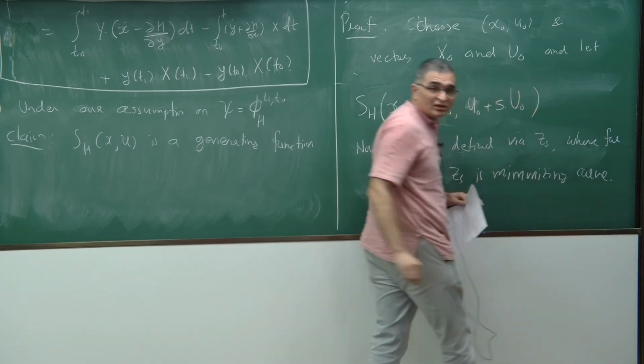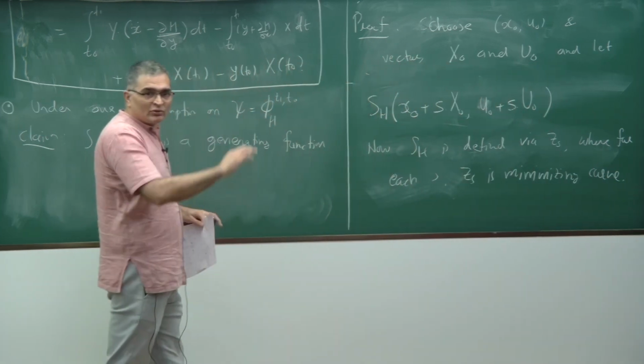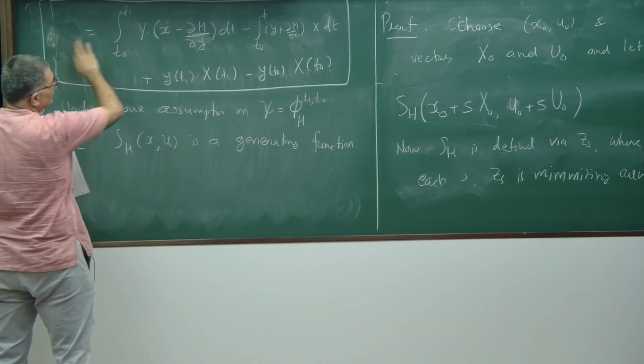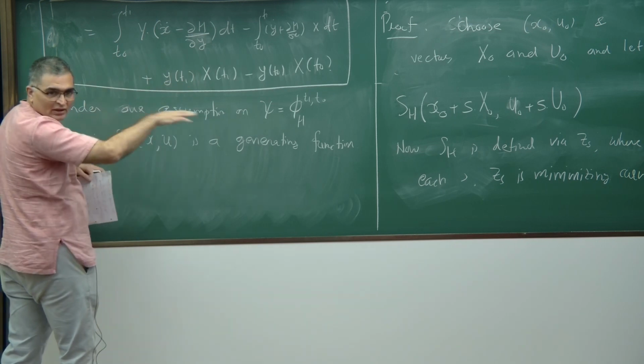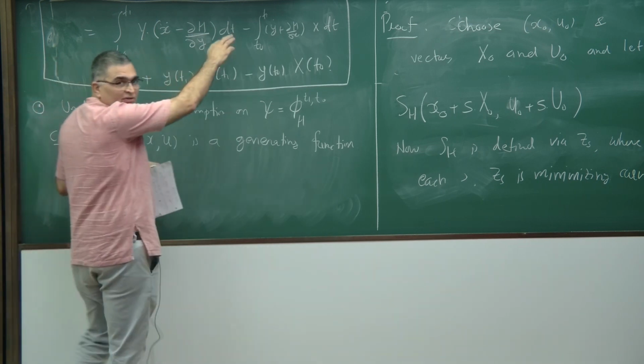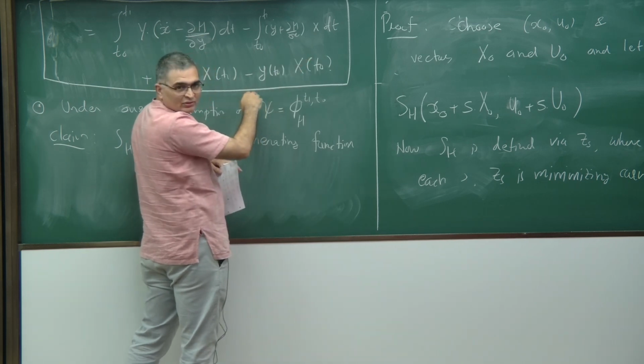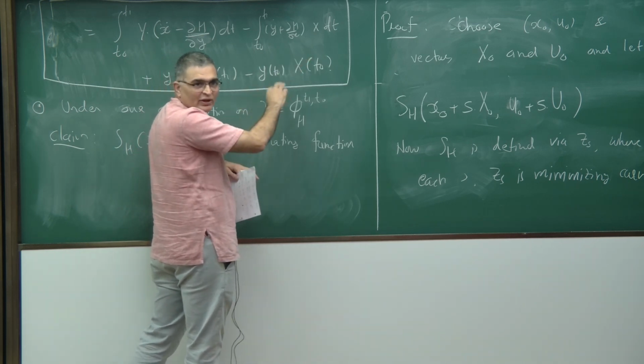That means it solves Hamilton's equation, and now you just apply the formula of this S_h into this, because I am varying along the minimizing curve. This term is always going to be 0, but the endpoints are not 0, and you just calculate the value of what happens at the endpoint.